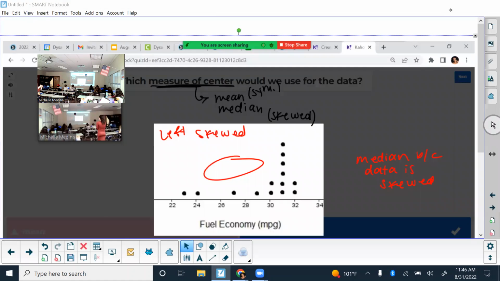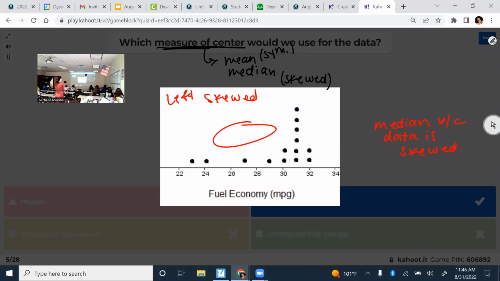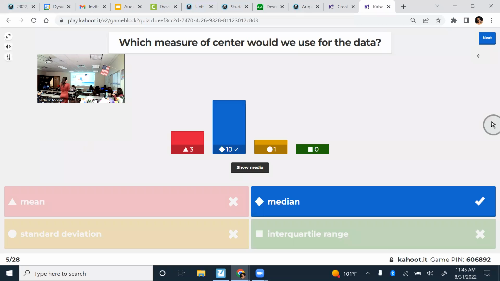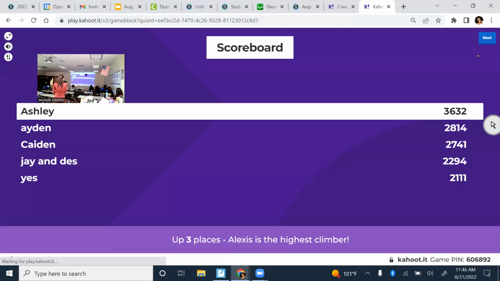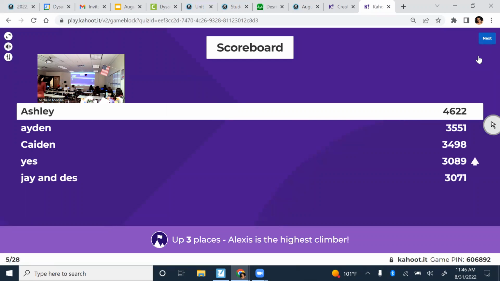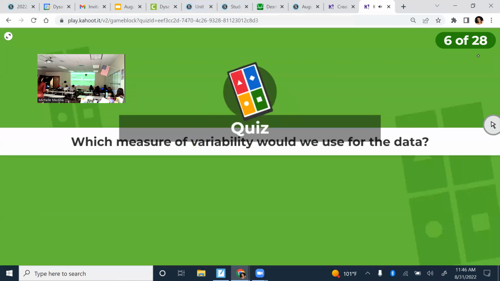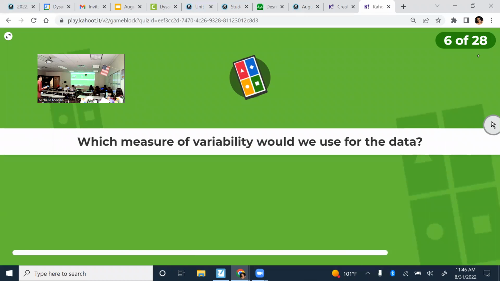Do you know what measure of variability to use when the data is skewed? That might be the next question. Which measure of variability would we use for the data?